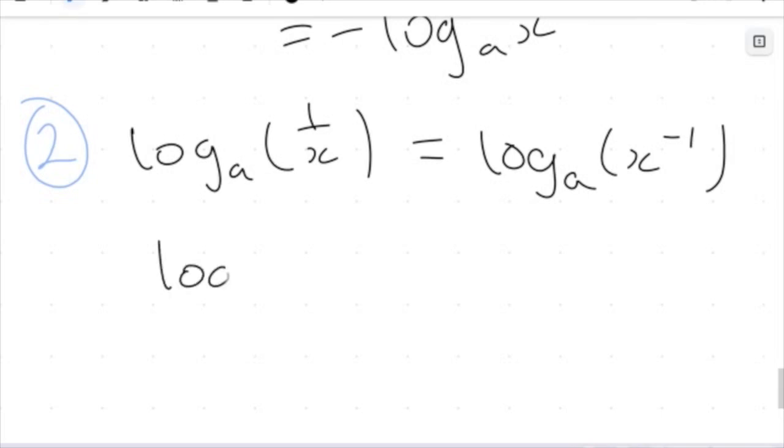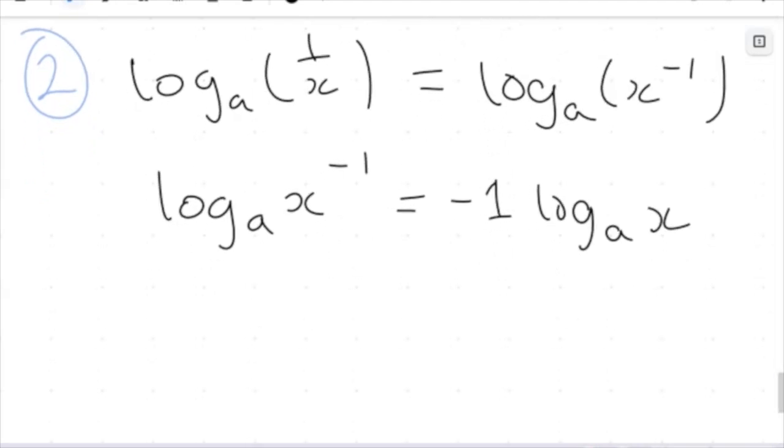Now, since I have log to the base a of x to the power of negative 1, our third log law tells us that we can bring this power up the front. So when we have my number here, x to the power of something, I can bring that power in front, and that multiplies by log base a of x. So this just brings in front negative 1 times log to the base a of x, and I don't have to include the 1 here. When I have minus 1 times a number, that just gives me that number as a negative.